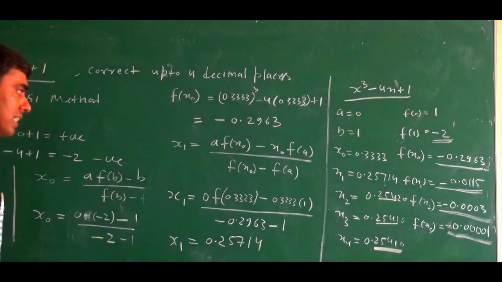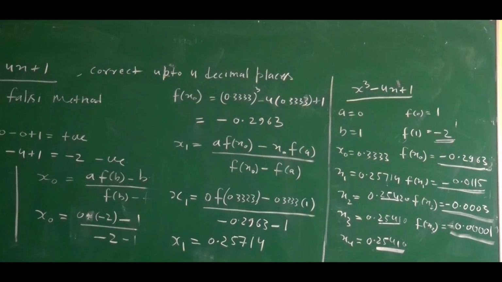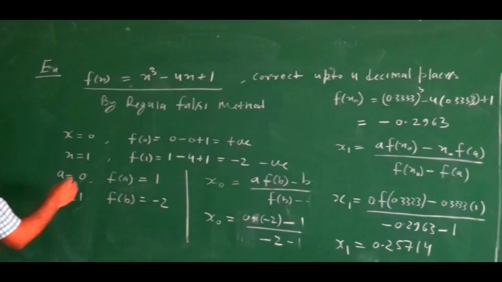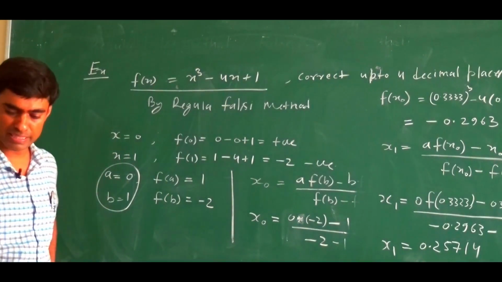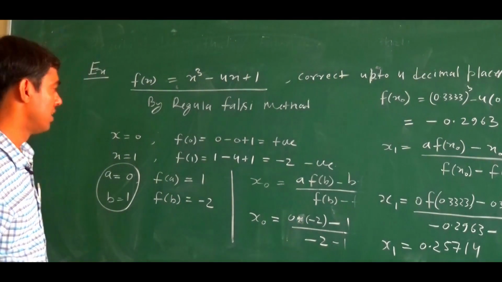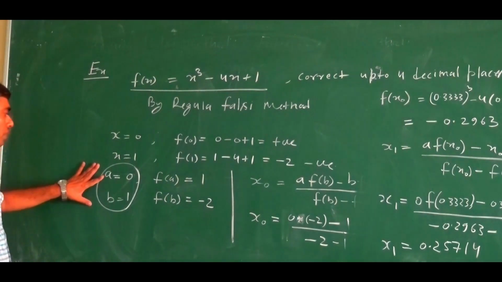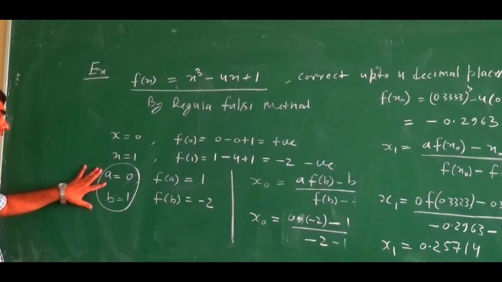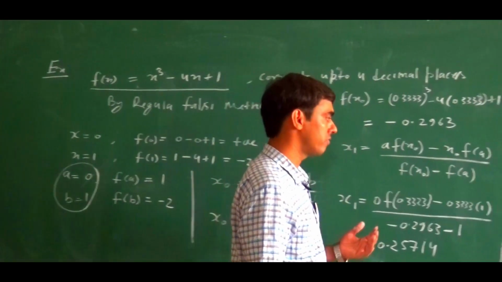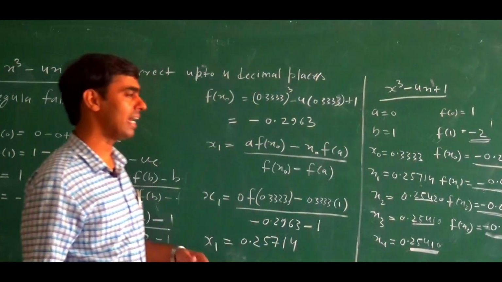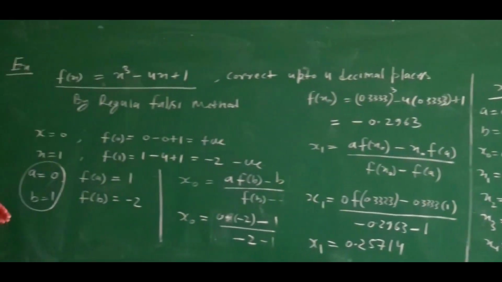But in the bisection method, if we solve this equation by these initial values, then to find the root correct up to 1 decimal place needs at least 4 iterations, and for 2 decimal places needs at least 7 iterations.